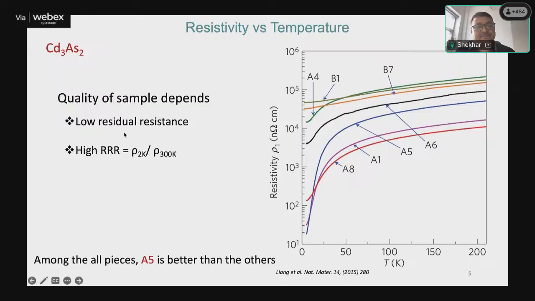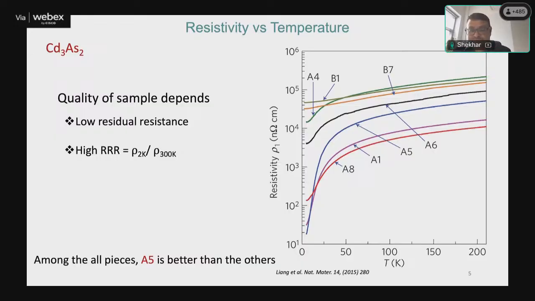A good quality sample means low residual resistance. Residual resistance means that when we see the variation of the resistance of a metal, we have a linear variation with temperature, but ultimately at low temperature it starts to saturate.